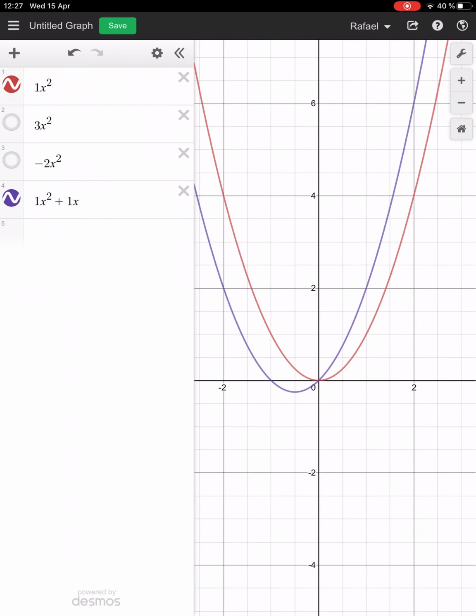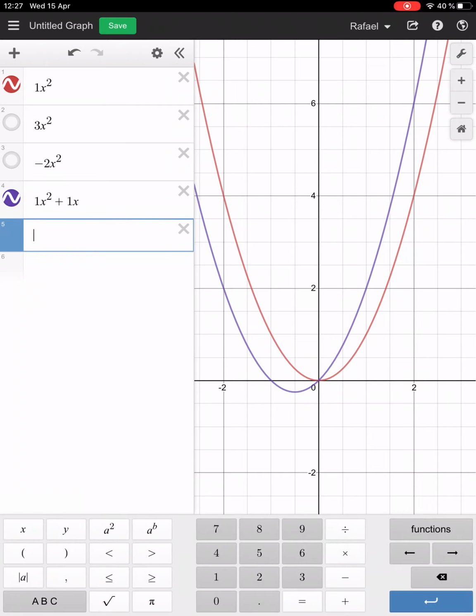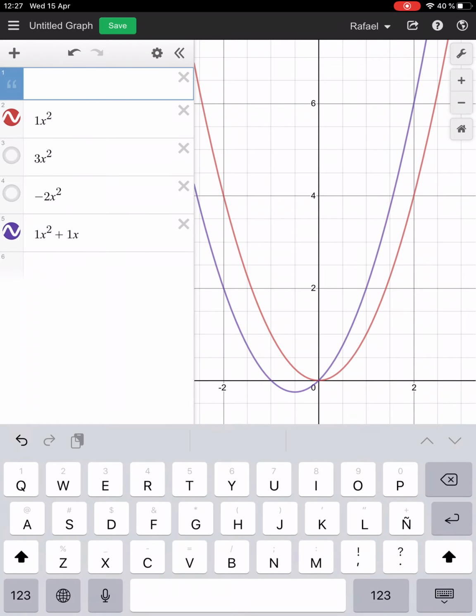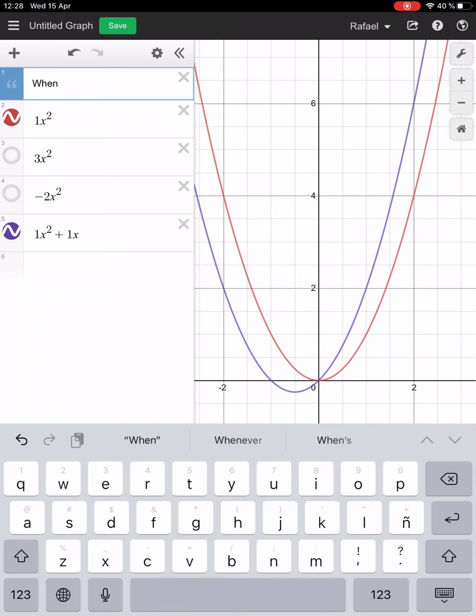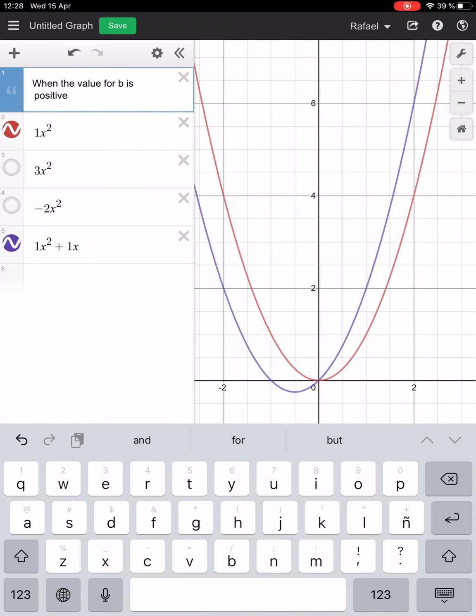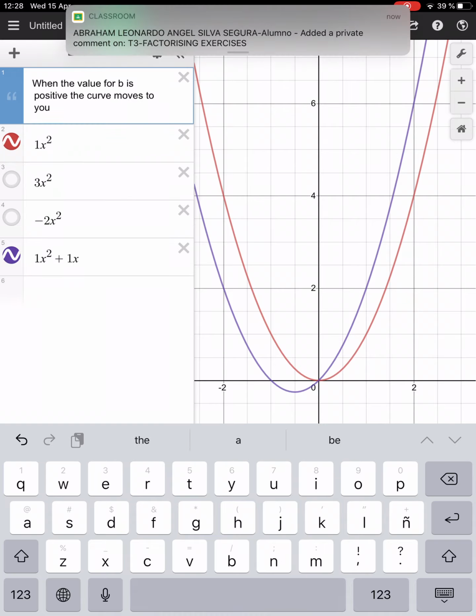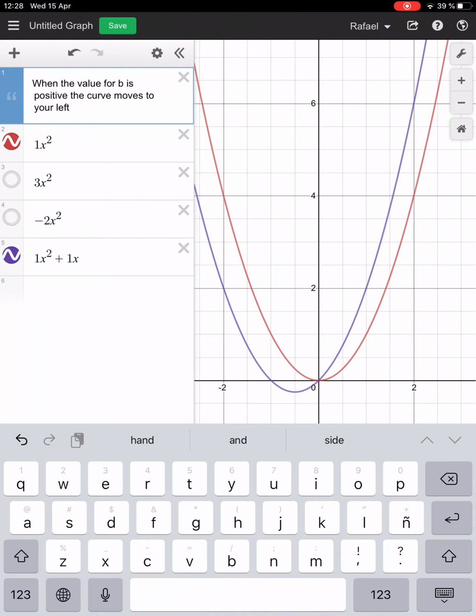If you see, we are moving the curve a little to your left. That means when the value for b is positive, the curve moves to your left. In case of a negative number for b, it is going to be contrary.